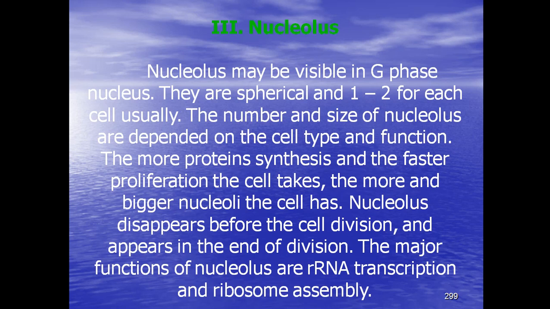They again reappear when the cell division completes. The major functions of the nucleolus are, one, as I have told you, ribosome assembly or synthesis of ribosomes, and the next one is rRNA transcription.